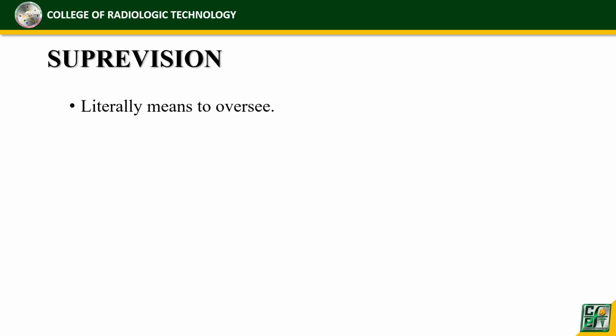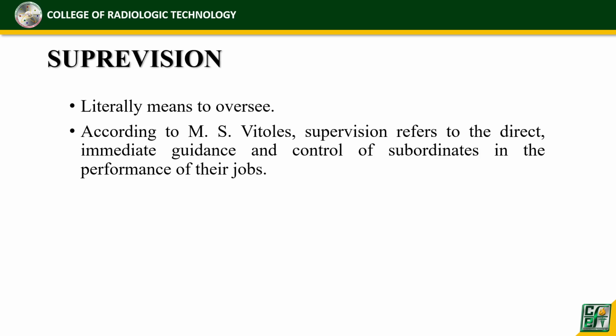However, supervision does not only remain passive. Because when we say oversee, it seems like just looking, just observing. So supervision is not just a passive process. According to MS Bitoles, in a study conducted recently, supervision refers to the direct, immediate guidance and control of subordinates in the performance of their job.